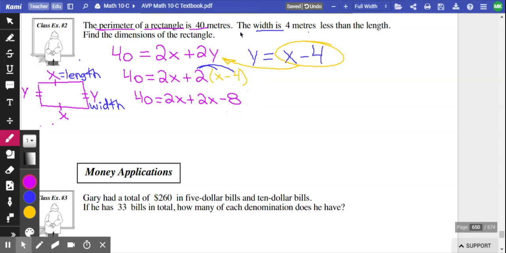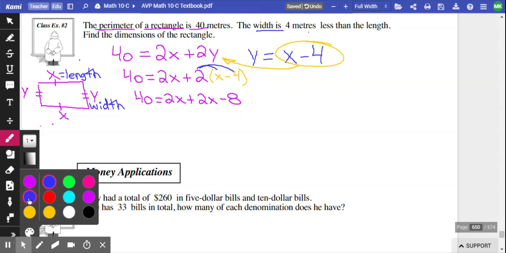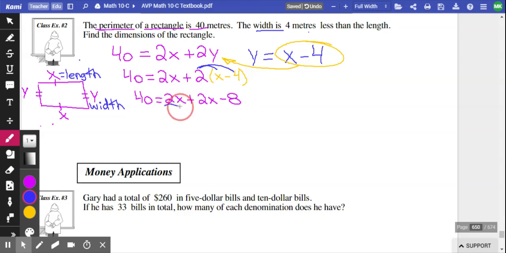After you multiply into the brackets, you're then allowed to add and subtract like terms. Like terms means that if they have the same letter, same exponent. In our case, our like terms are right here. We have 2x and 2x. They're the same letter, same exponent. I would combine these like terms to be 40 equals 4x.